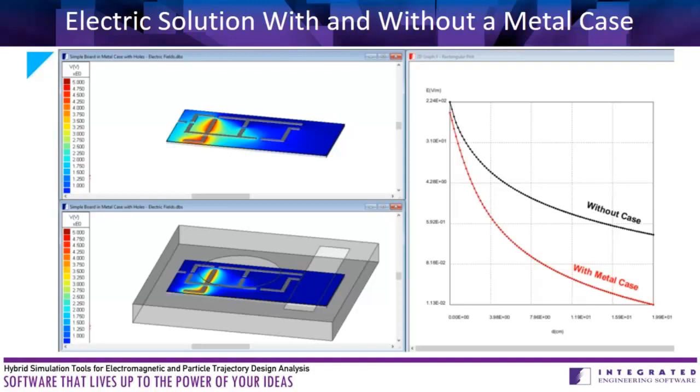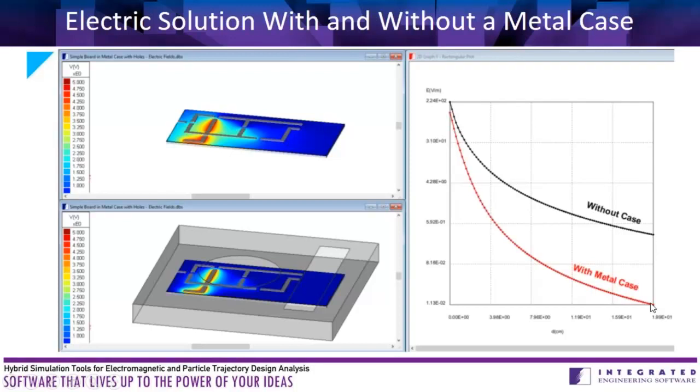And again, for regulatory types of issues, how strong is the field some distance away? How much might it be affecting something else? So you can see from the curves here, which are following the same line, once I've put the metal case on, I've dropped down by another factor of somewhere around 30 or so at the far away distances.